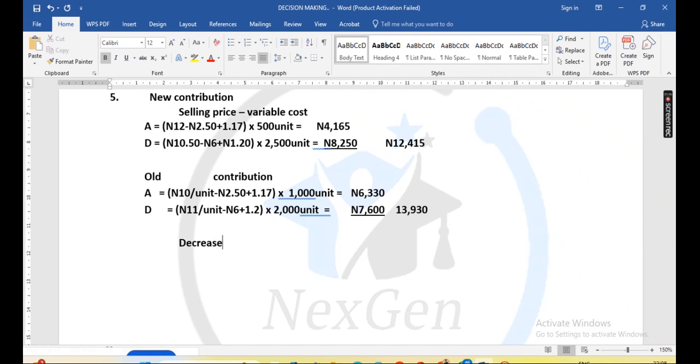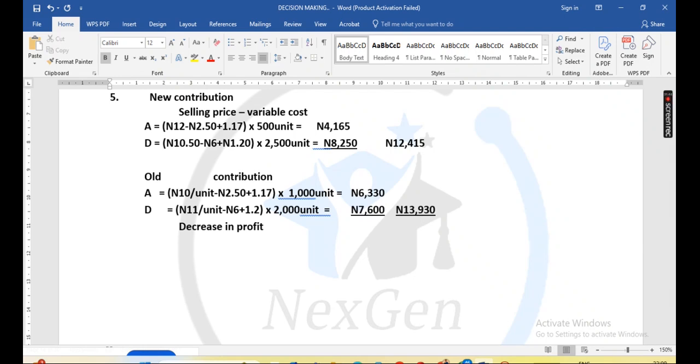Decrease in what? In profits, because they want to know the impact. What is the difference? 1,515.